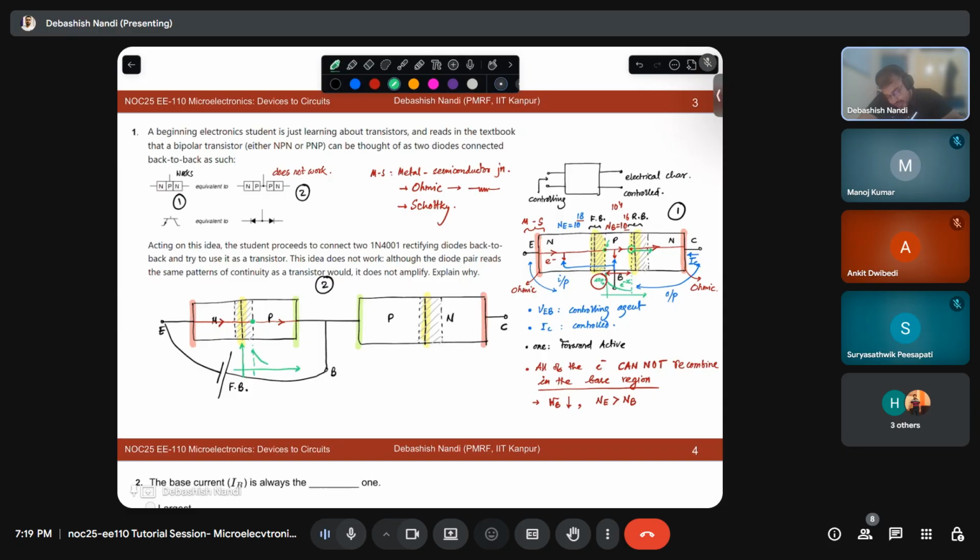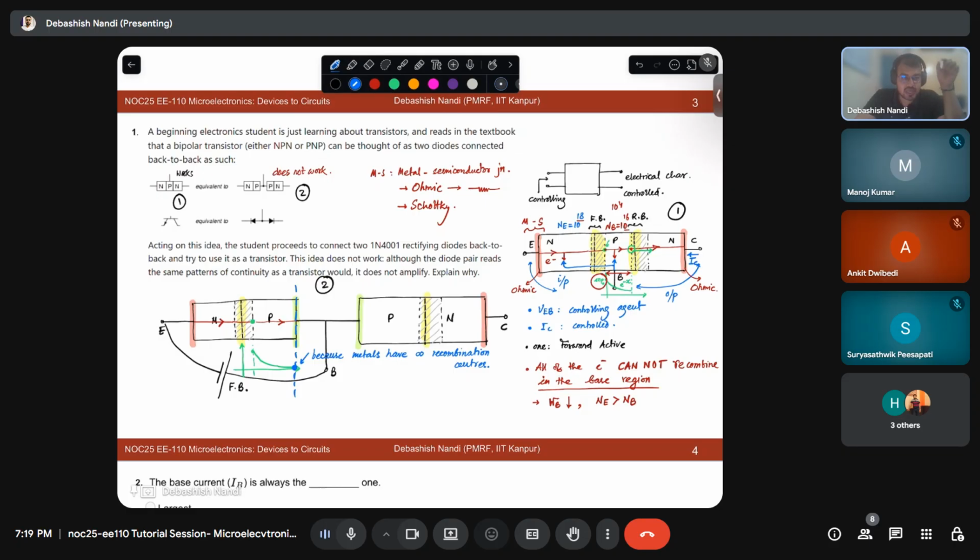Excess electrons will again decay exponentially, but whenever they reach this metal semiconductor junction, it has to be zero, because metals have infinite recombination centers, or in a sense you can think of it in this way.